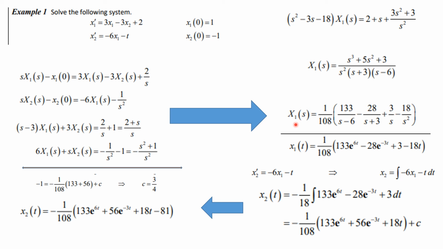So this is the Laplace transform of our x1 solution, and we know how to invert that very well, and this is what we get inverted. So now we have solved for x1 of t.